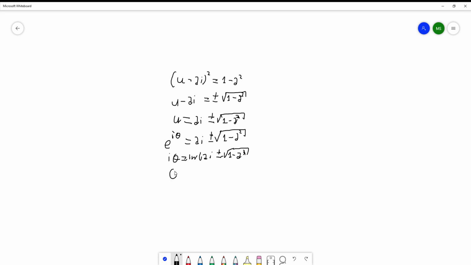And we divide by i and we get that theta is ln of ai plus or minus the square root of 1 minus a squared, divided by i.